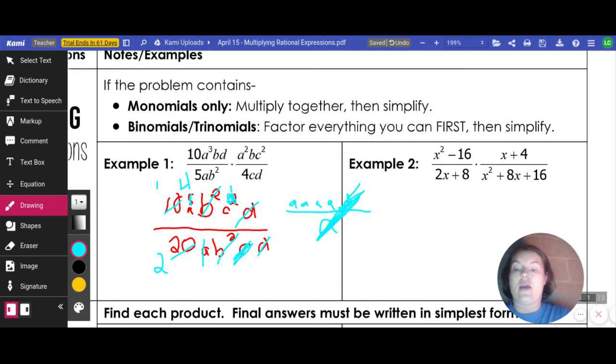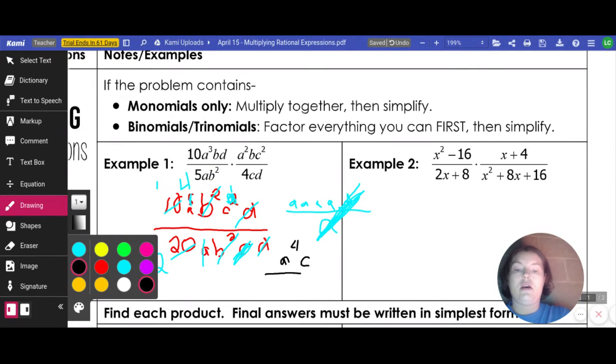So now I just write my final answer. I don't have to write that 1 up top. I was left with a to the fourth. My b's canceled out. I'm left with a c over 2. And that's it. Everything else on the bottom canceled out. So my final answer is a to the fourth c over 2.